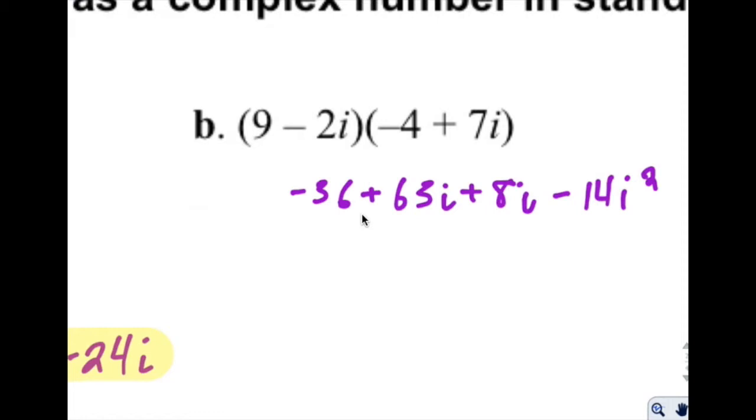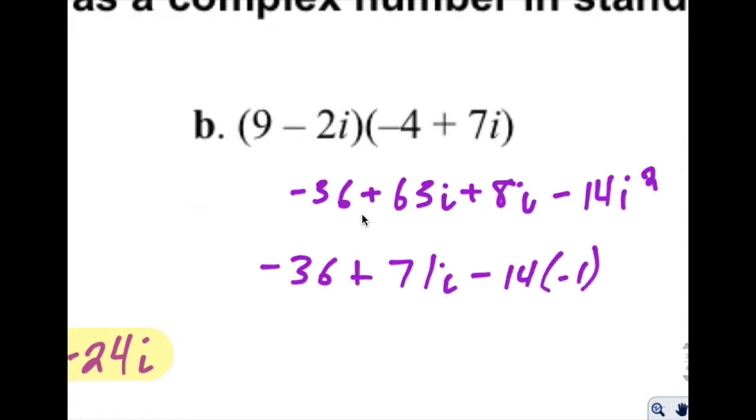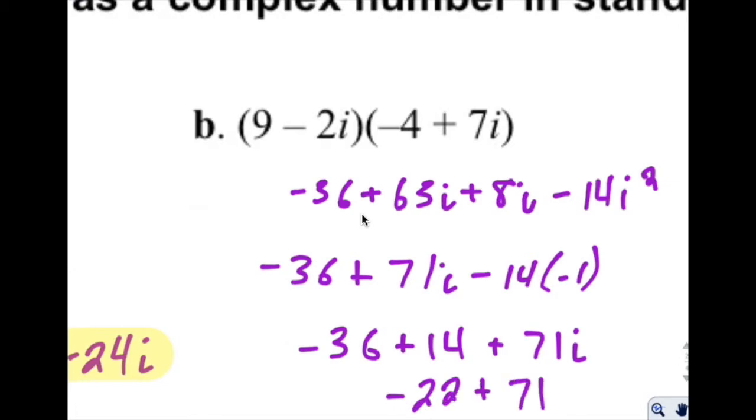So I'm going to combine my terms and simplify. Negative 36 plus 71i minus 14 times negative 1, and then simplify some more. Negative 36 plus 14 plus 71i is the same as negative 22 plus 71i, and that's in standard form.